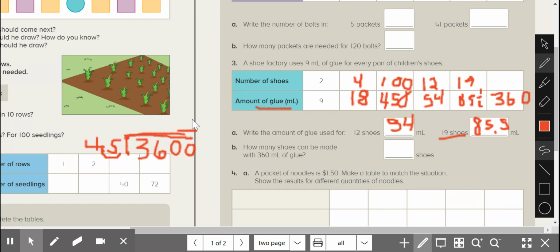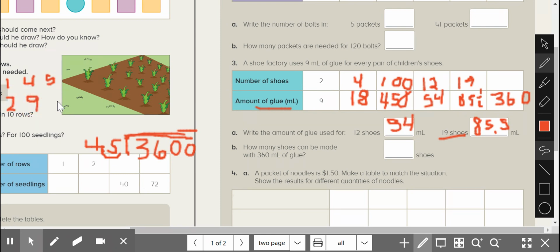45 goes into 3,600. Oh boy, we've got a lot of shoes. We can tell that for sure. I have a hard time doing 45 into 360, so we're going to break this up into a different chunk. I'm going to count by 45s. So I've got 45. 2 times 45 is 90.